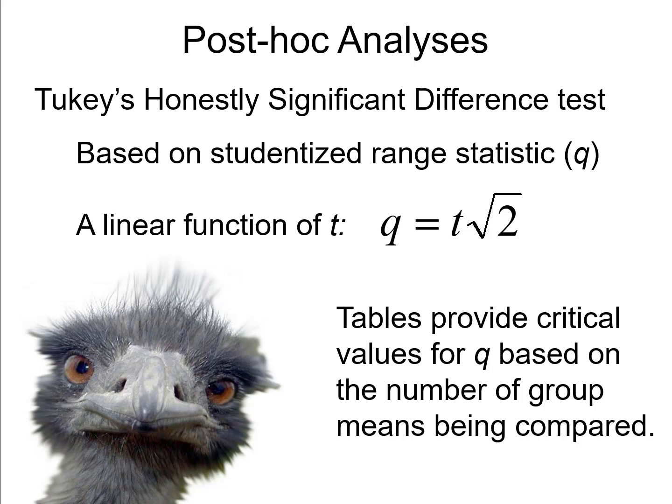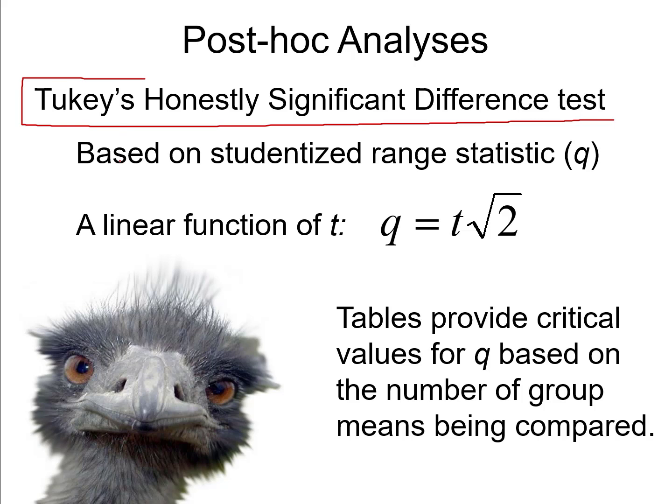And a third option that we can use to protect ourselves against family-wise error is to do something called a Tukey's honestly significant difference test. This is sometimes simply called a Tukey test.